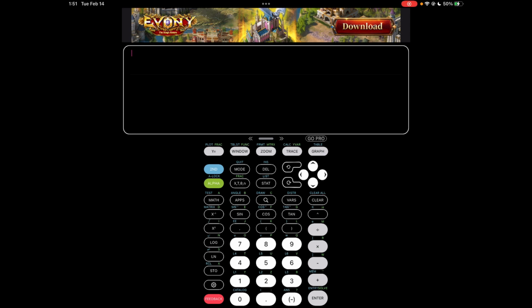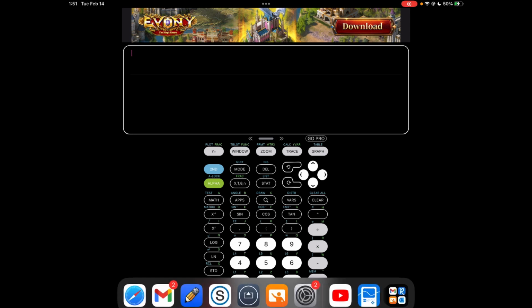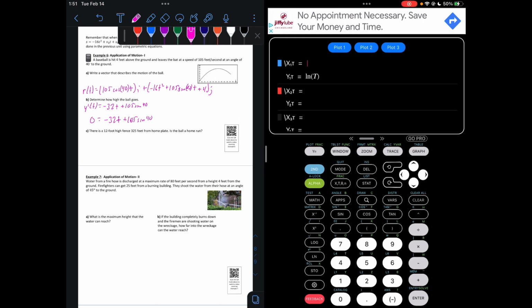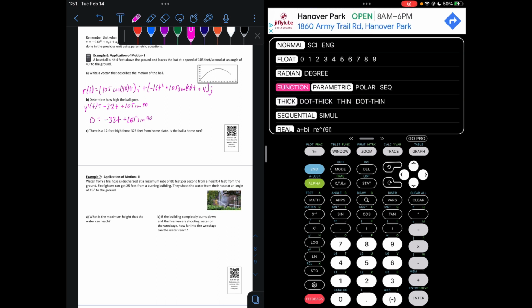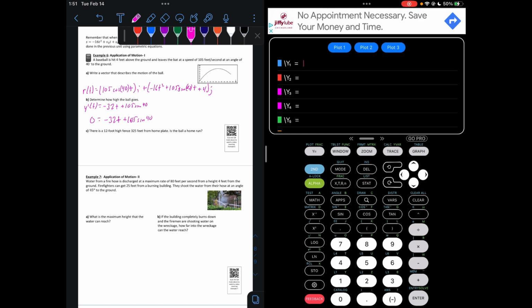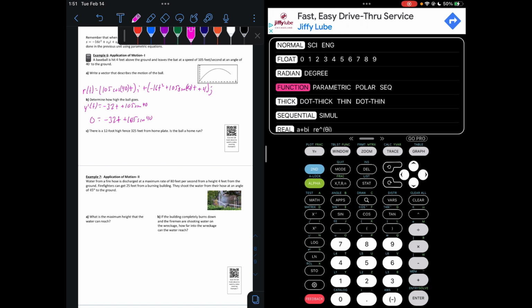I already forgot the equation. Oh, I'm still in parametric mode. Let's go back to function mode. -32t plus 105 sine 40. Make sure you're in radian mode as well, which we are.